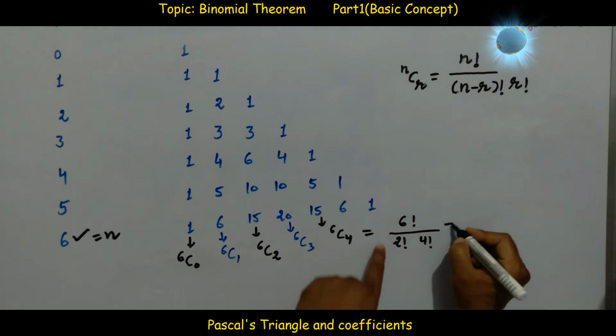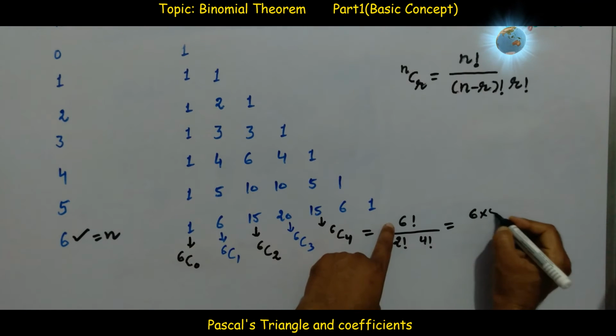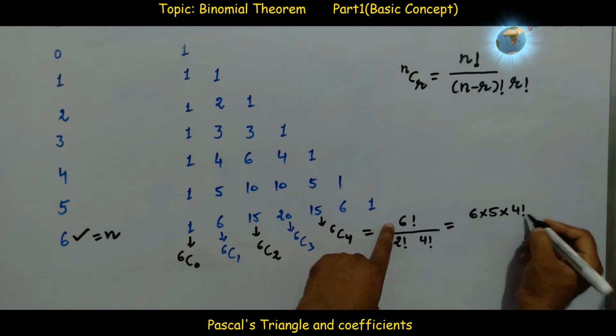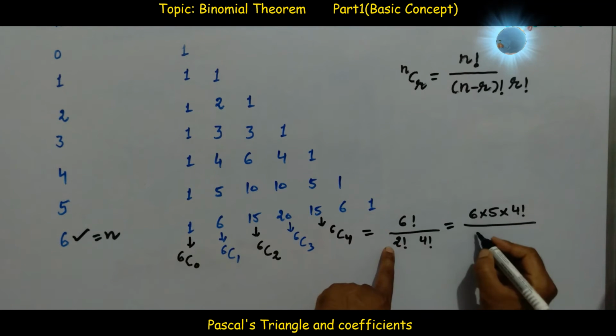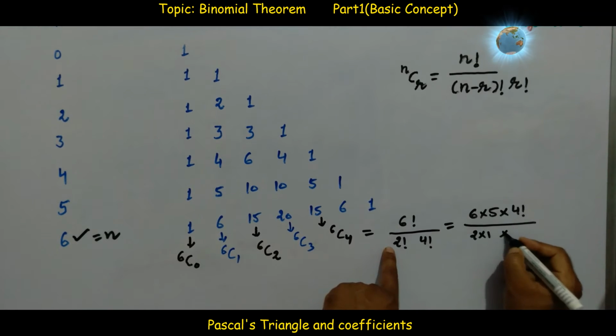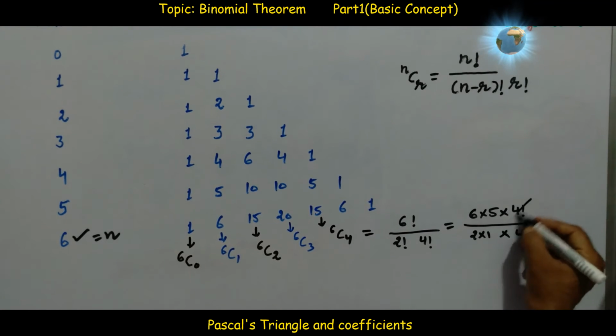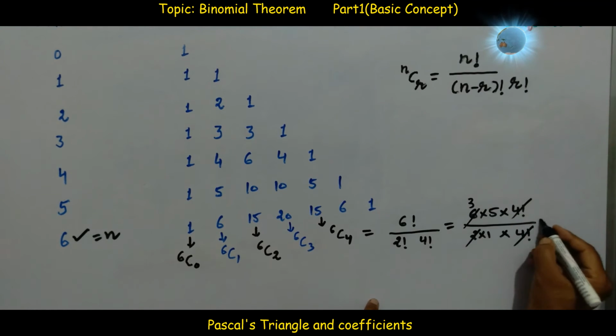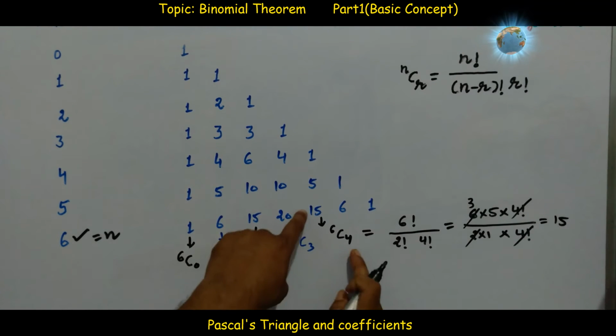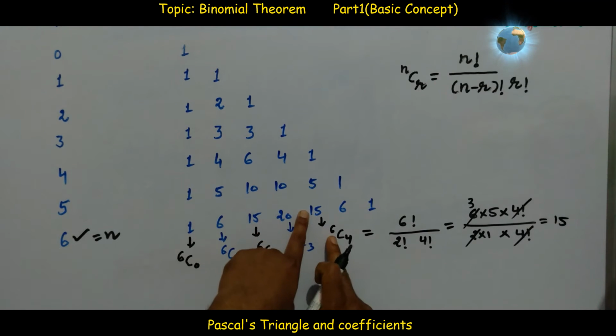So this becomes 6 into 5 into up to 4 factorial. Because this is 4 factorial, we can cancel this. 2 factorial means 2 into 1, into this 4 factorial. 4 factorial cancelled. 2 into 3 is 6, 3 into 5 is 15. Yes, 15 is there. It means the 6C4 value is 15.